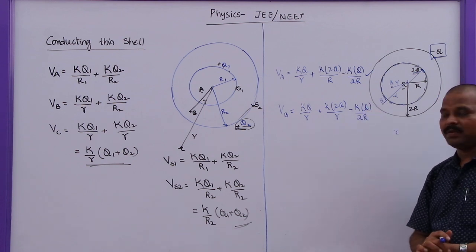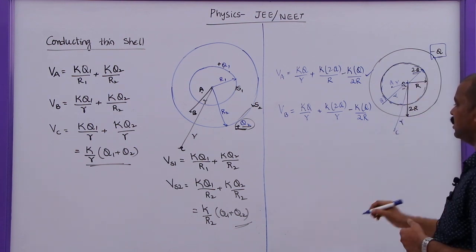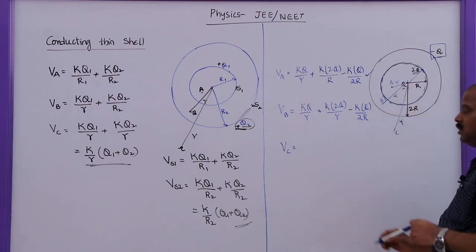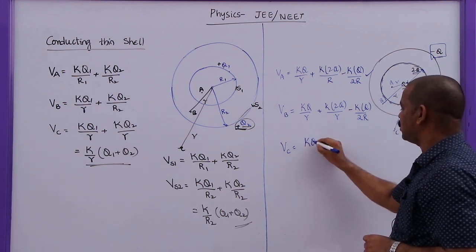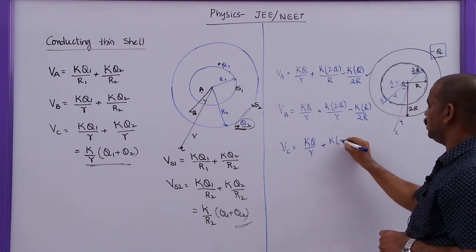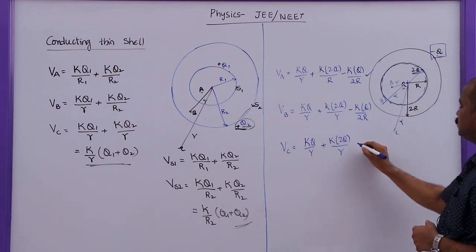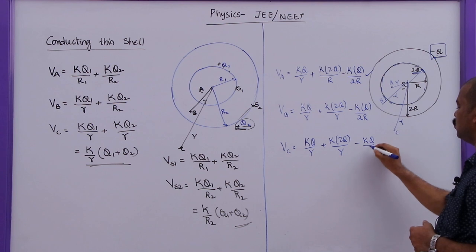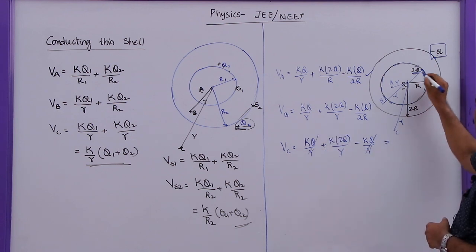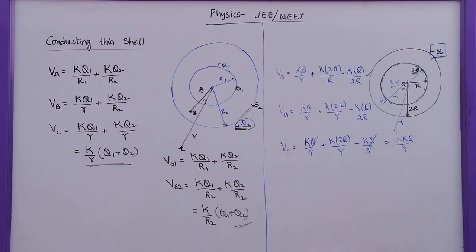This is the potential at point B. Now how to find the potential at point C, which is at a distance of small r. So this VC is given by, due to this point charge, the potential is KQ by r. Due to this 2Q charge, this is K into 2Q by r, and due to this negative charge, minus K into Q by r. You can see these two get cancelled. So the potential only depends upon the inner charge, that is 2KQ by r.